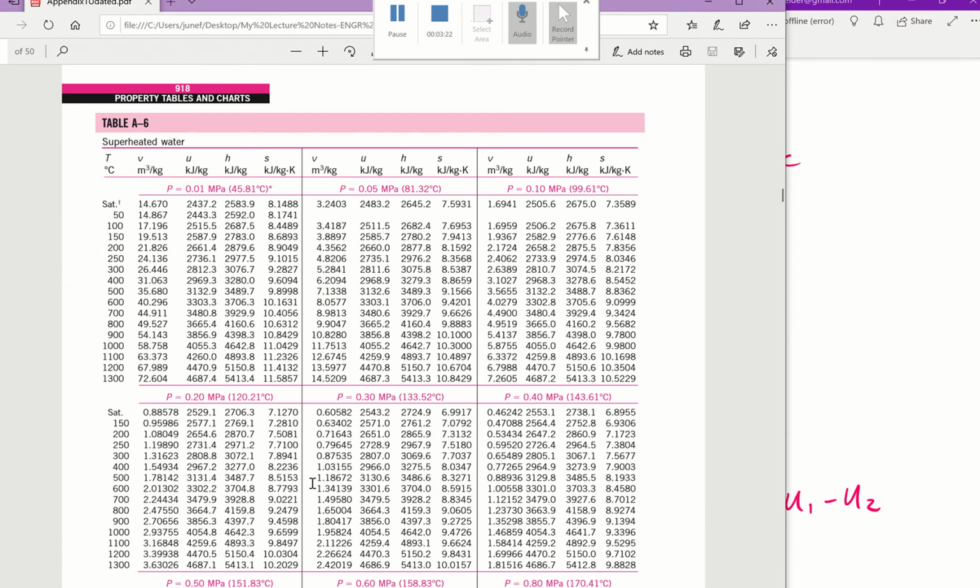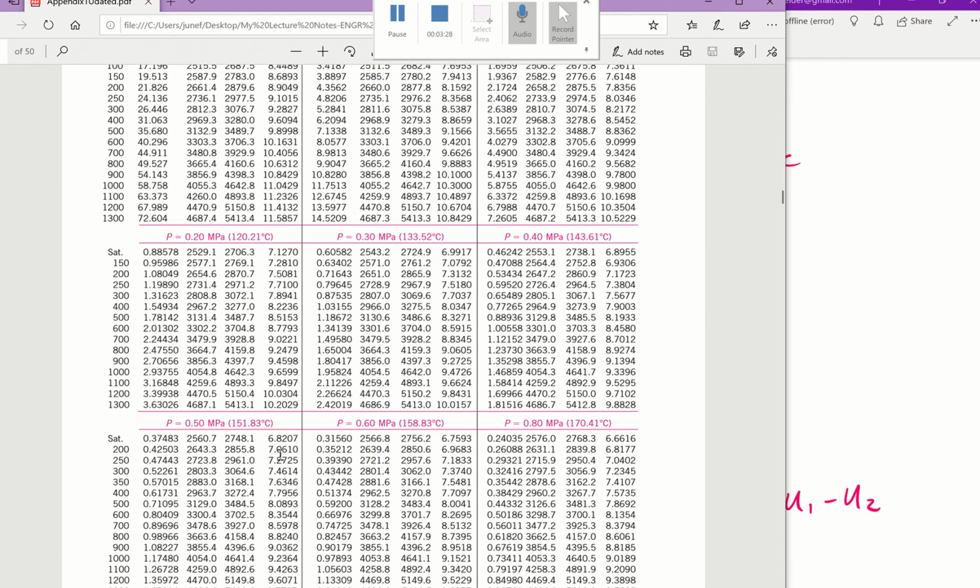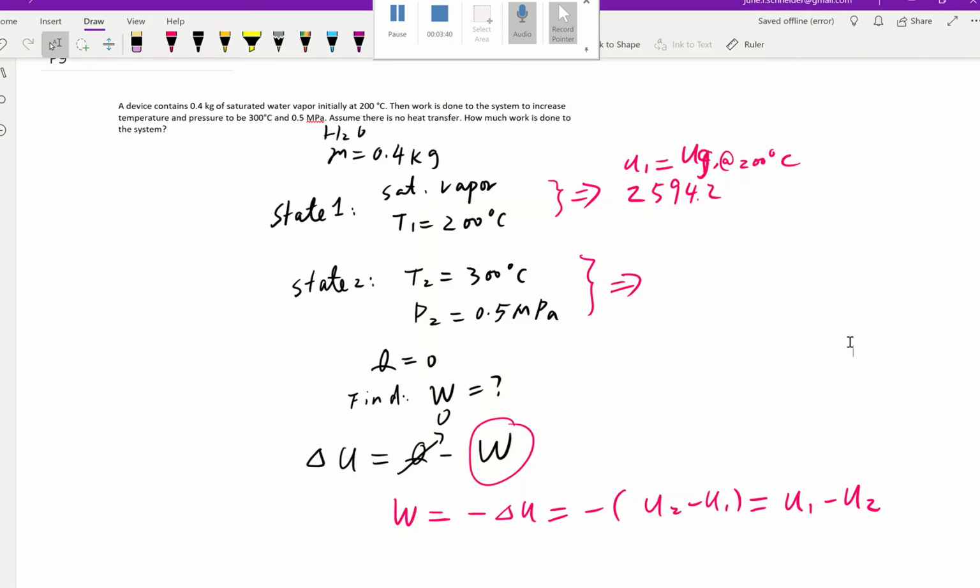So we go to table A6 and look at pressure 0.5 and temperature 300, and we want to read U. U is this column, and I have 2803.3 kilojoules per kilogram, so that's going to be our U2.